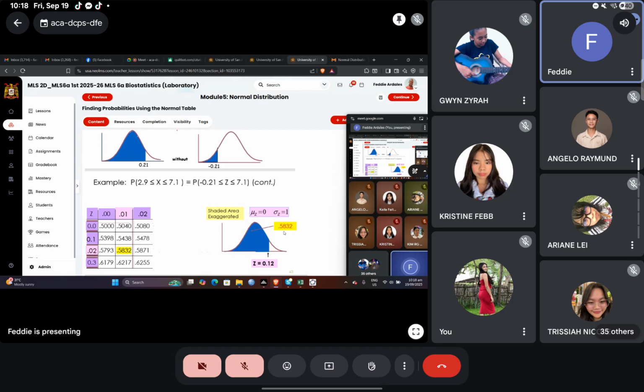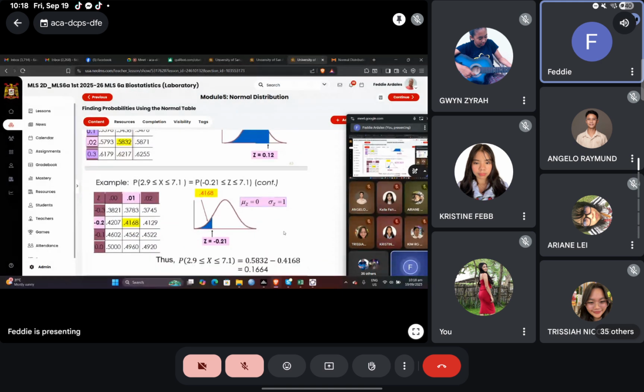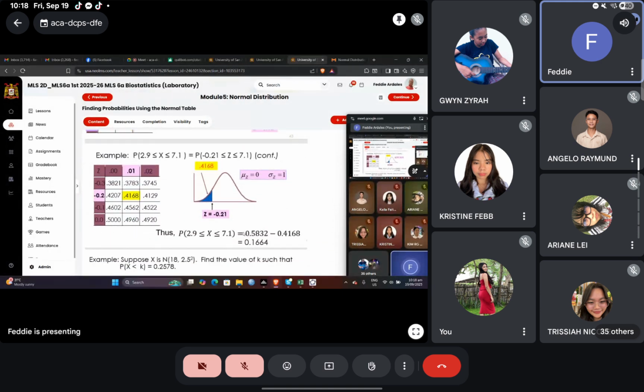The area to the left of negative 0.21 is 0.4168. So all you have to do is subtract the bigger area minus the smaller area, which will give you about 0.1664.